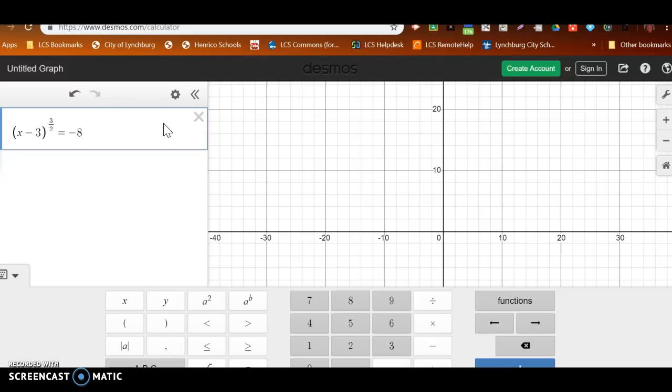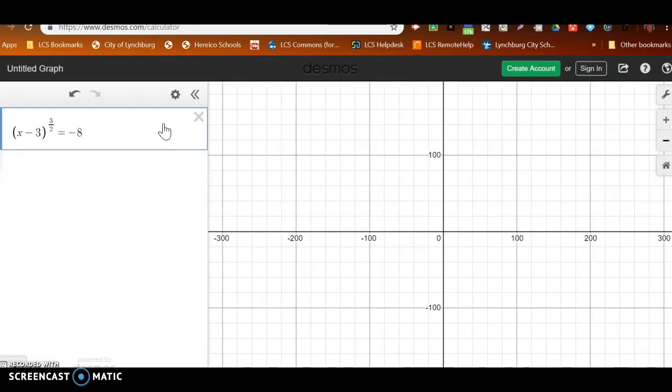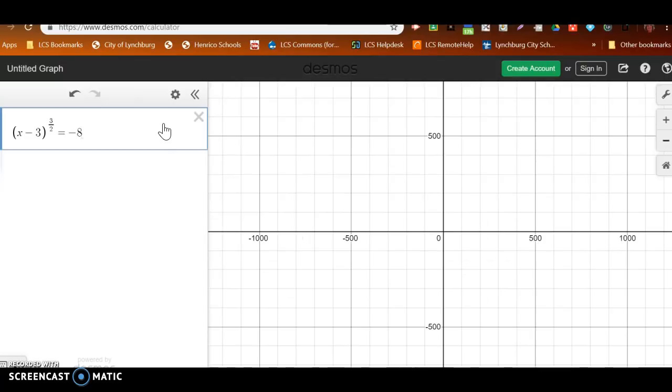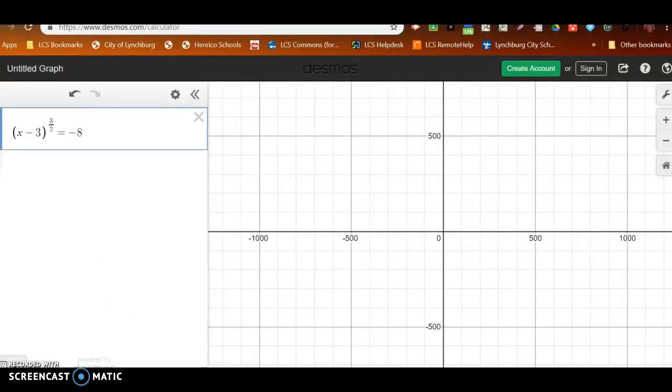I don't see it here when I go to graph it. So let's see what happens if I zoom out some. I'm not seeing that one when I go out to graph it. So let's look back and see what some of our answers are. Let's try plugging this side in, and then let's try plugging in y equals -8 and see what that gives us on Desmos.